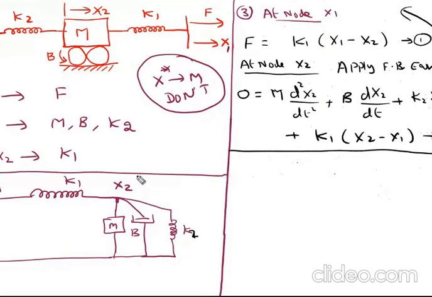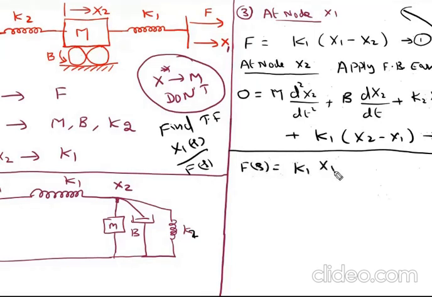Now in this problem he has asked you to find x1 of s by f of s. Find the transfer function in terms of x1 of s by f of s. Now applying Laplace transformation, you will get f of s is equal to k1 into x1 of s minus k1 into x2 of s, equation 3.